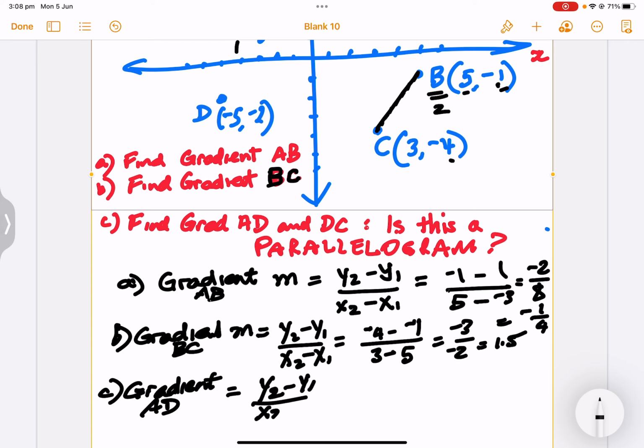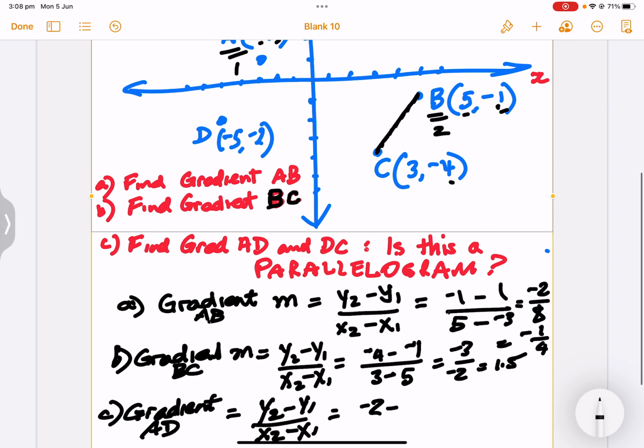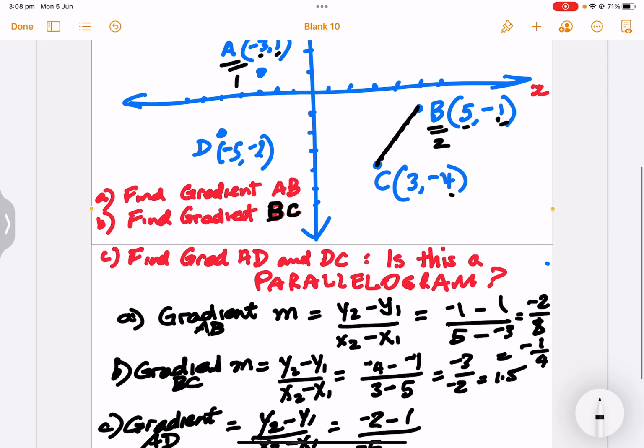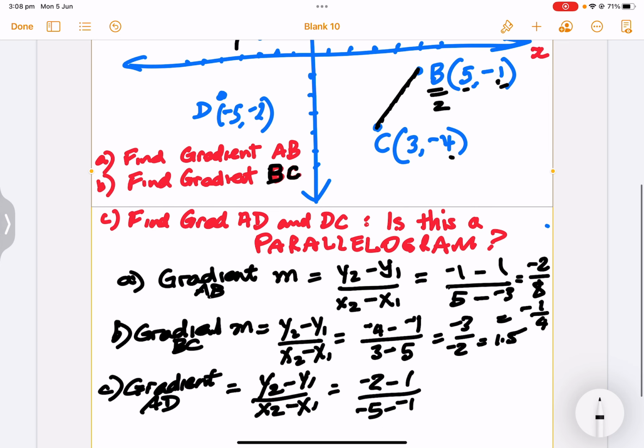I'm just going to stick with the same gradient rule. Second point is D. First point is A. So y of D and y of A. The x of D and the x of A.